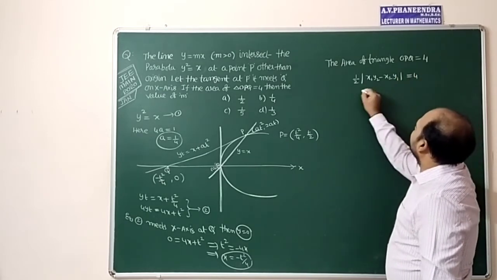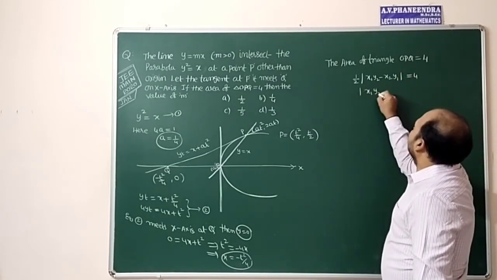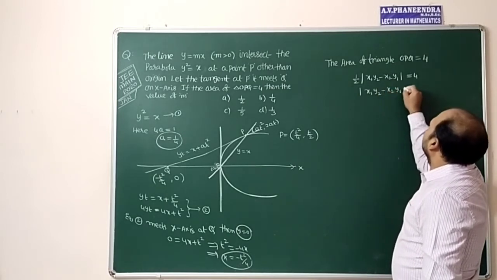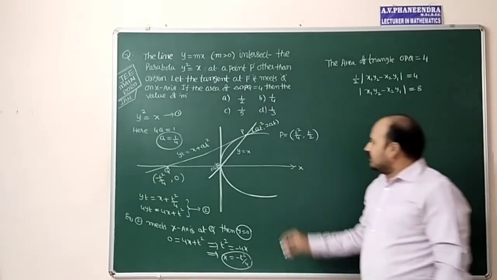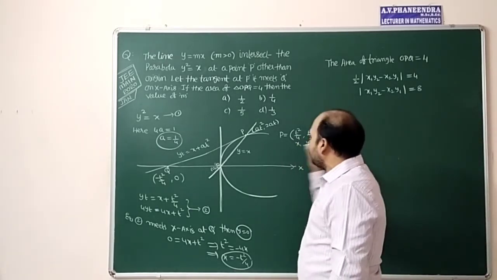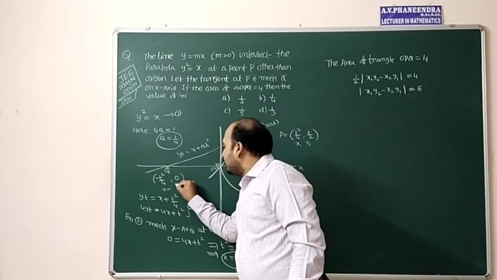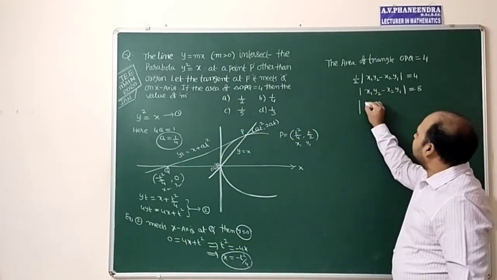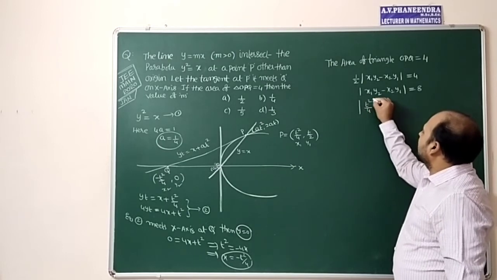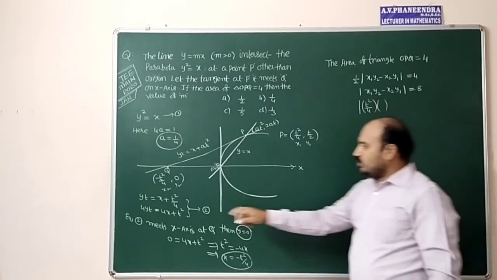Cross multiply: mod of x1 y2 minus x2 y1 is equal to 8. What do x1 y1 and x2 y2 mean? I am assuming this as x1 y1, and this as x2 y2. Substitute these values here: mod of x1 y2, t square by 4 into the y2 value. What is y2 here? 0.